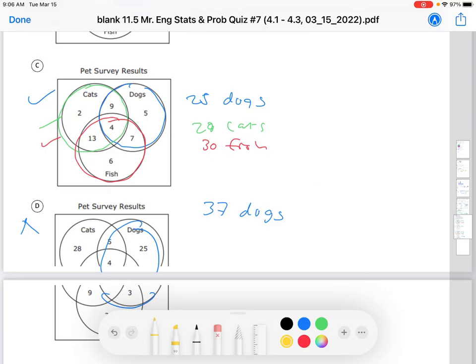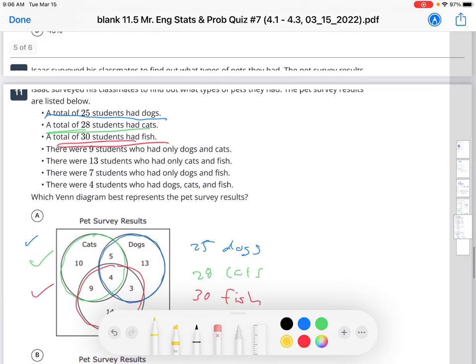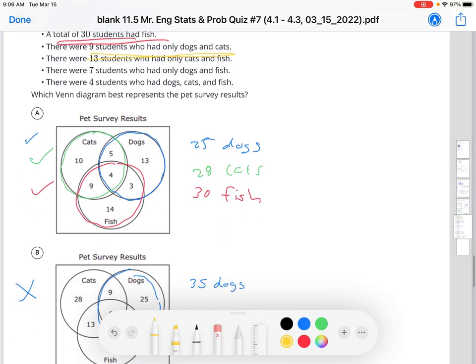Okay, let's find something else now. There were 9 students who had only dogs and cats. So look at the overlap for cats and dogs. That would be this one, 9. C plus D. That matches.